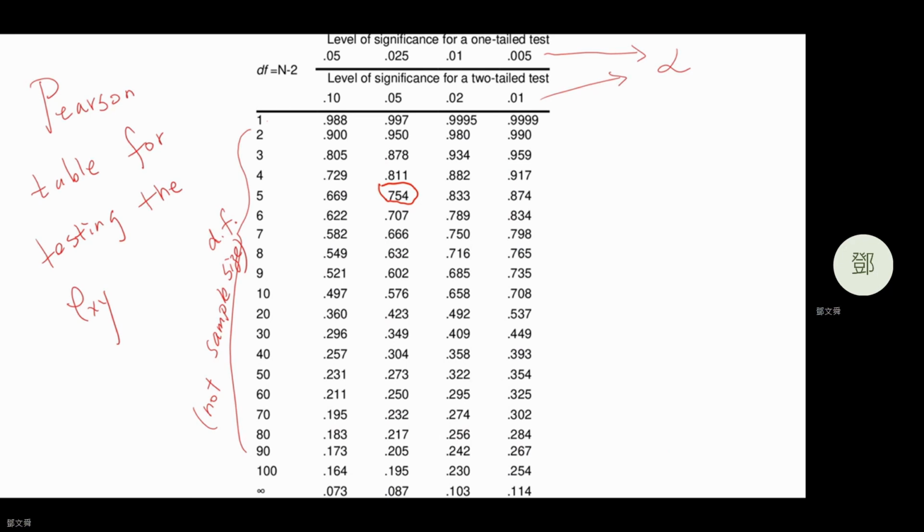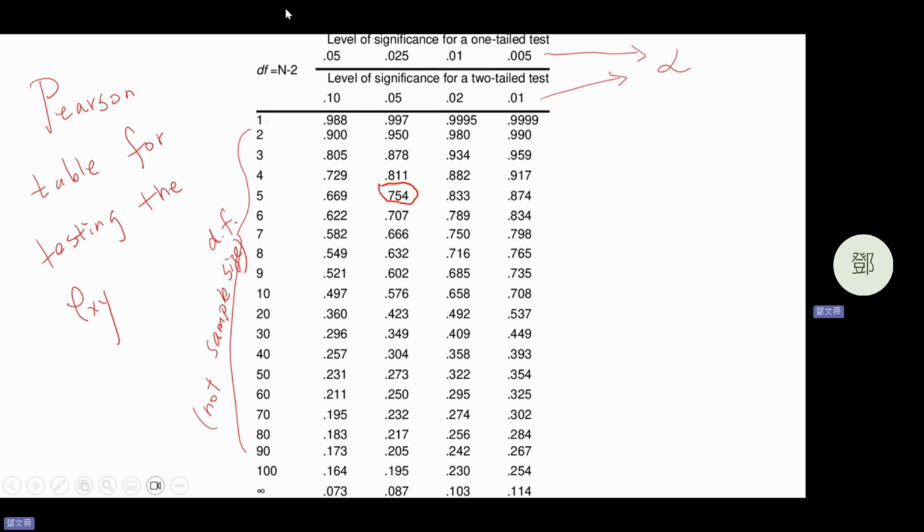Look at this formula: t equals RXY times the square root of n minus 2, divided by the square root of 1 minus RXY squared. What is the t critical value?